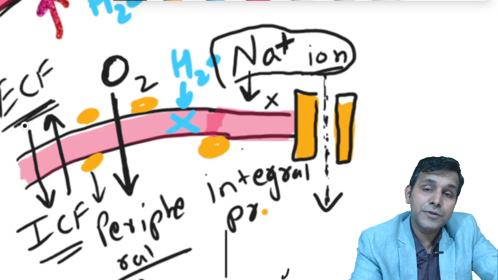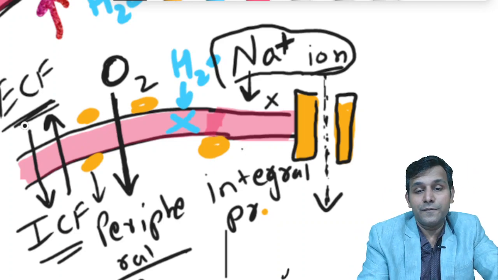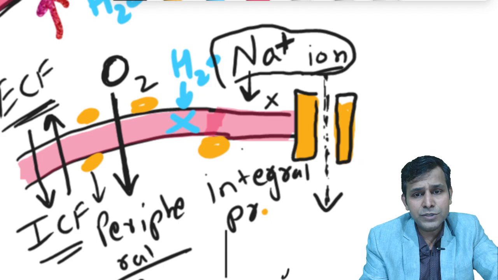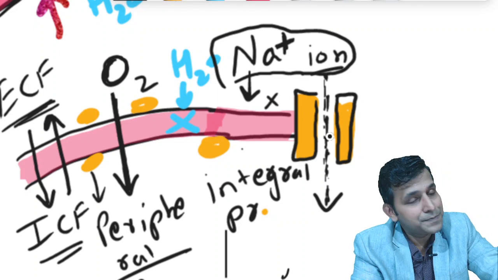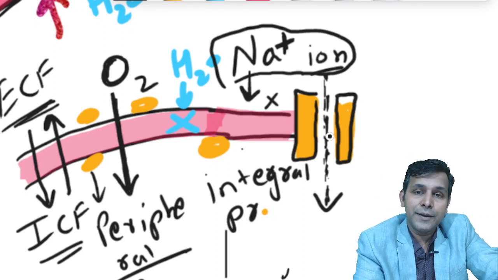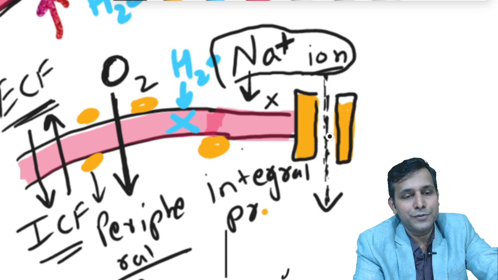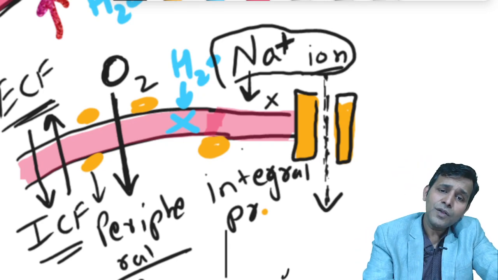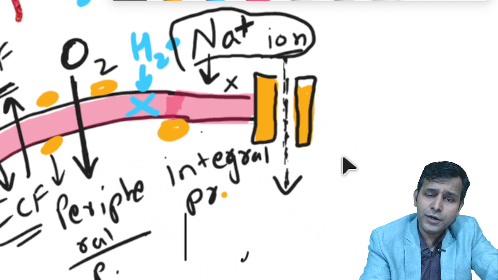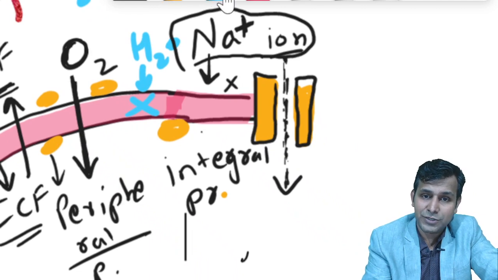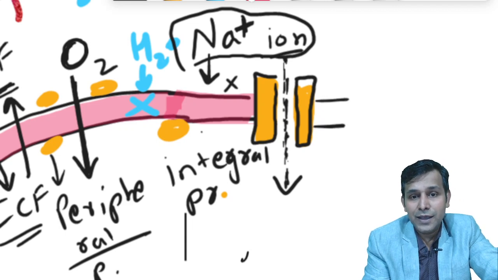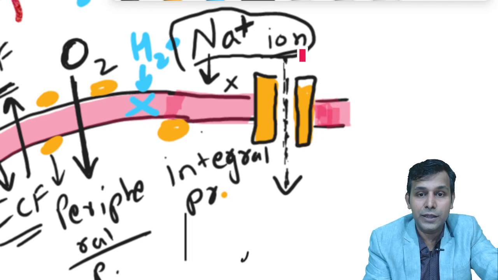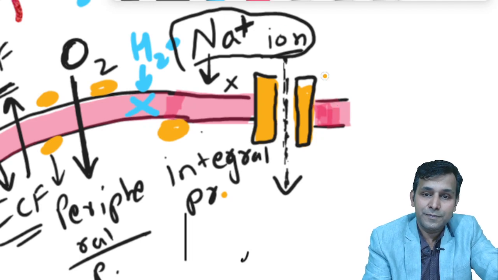So for substances which are water soluble, we have made channels. Channels are nothing but the gaps or small areas through which the ions or water soluble substances can move. Similarly, even for water, the cell has developed a special structure, and they are called aquaporins.